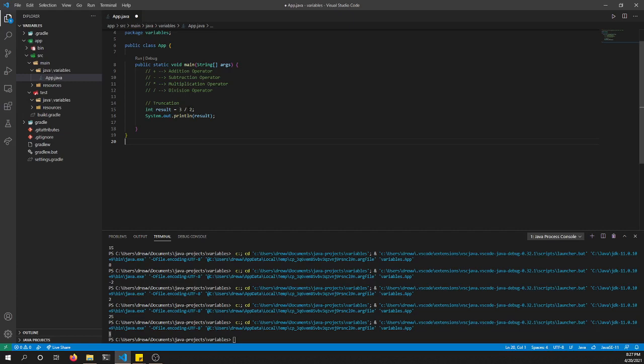The result gets truncated. The part after the decimal gets totally ignored because the computer doesn't care if it was just a little bit after the decimal or a lot after the decimal. It cares that there was anything after the decimal. And because of that, we're left with only the int, only the integer part, only the whole part of the answer.